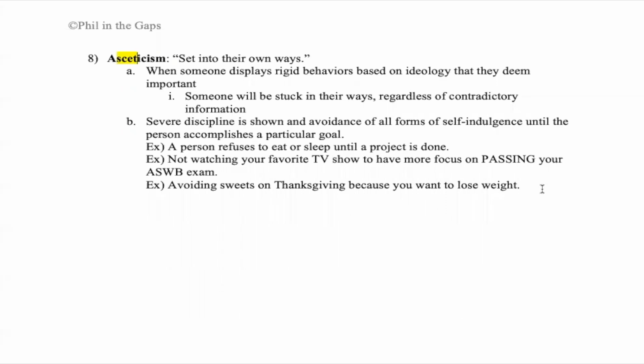Another example, avoiding sweets on Thanksgiving because you want to lose weight. You're avoiding a pleasure, such as eating sweets, in order to accomplish a particular goal, which in this situation is going to be to lose weight in some way, shape, or form. So, those are easy ways to be able to recognize and apply the defense mechanisms from one another.